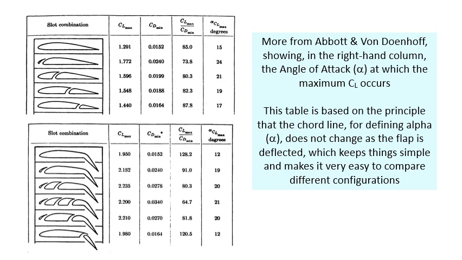And a couple of tables from the same textbook. The right-hand column shows the alpha at CL max, which is the stalling angle, effectively. And so you can see the effect of different flap configurations. But again, it is all based on the chord line not changing when the flap is deflected, and this keeps it simple and makes it easy to compare different configurations.